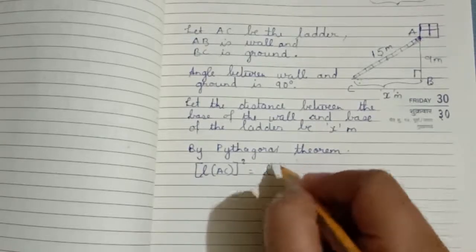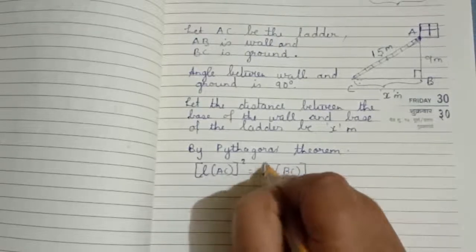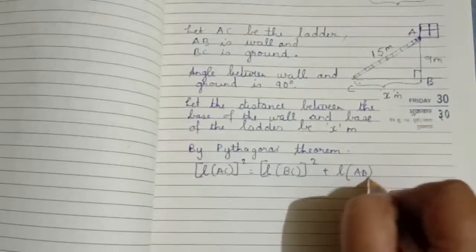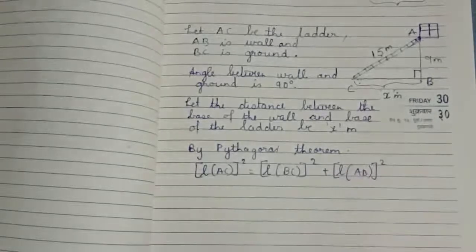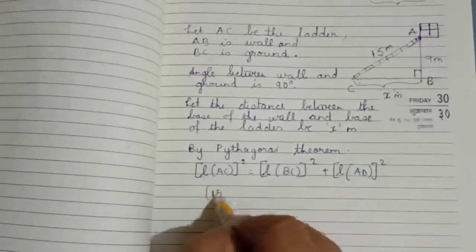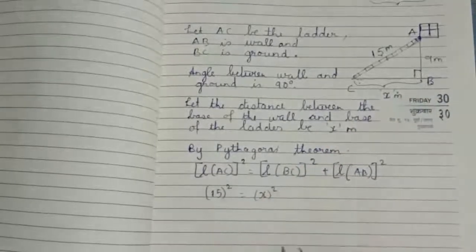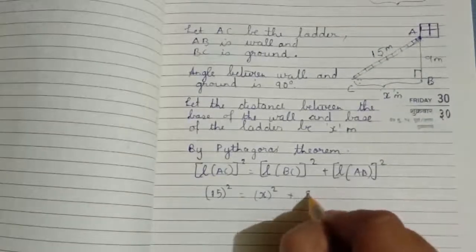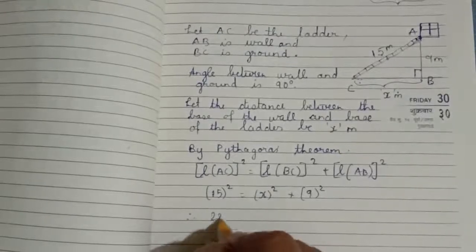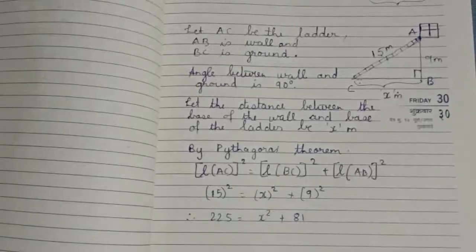Length BC square plus length AB square. Now we'll substitute the values. What is AC? 15, correct? So 15 square. BC we have considered as x, so x square plus AB is 9, so 9 square. 15 square is 225, equal to x square plus 9 square, which gives us 81.